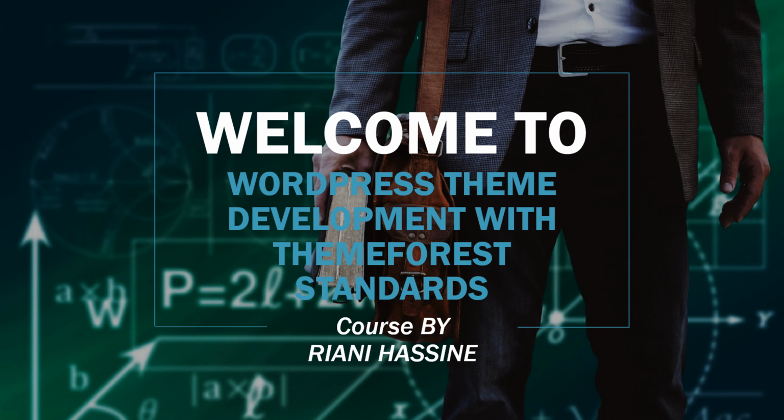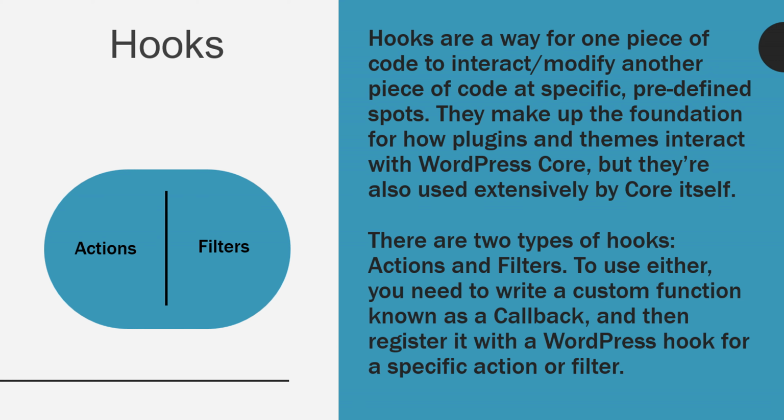In this lesson, we will see what hooks are in fact. Hooks are a way for one piece of code to interact with and modify another piece of code at specific predefined spots.